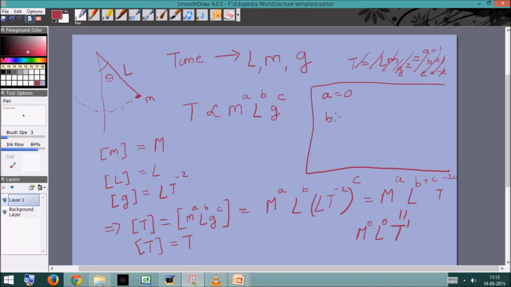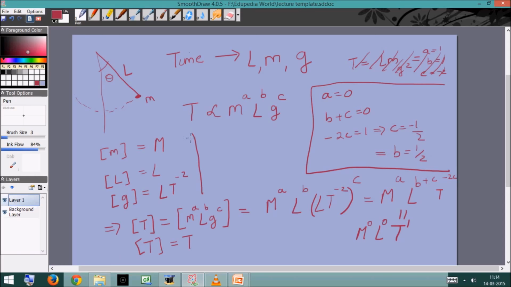We know that b plus c is 0 by equating the dimensions of L, and the dimension of T is minus 2c, which should be 1. So minus 2c is equal to 1, which gives us c is equal to minus 1 by 2, which gives us from the second equation b is equal to 1 by 2, and we know that a is equal to 0.